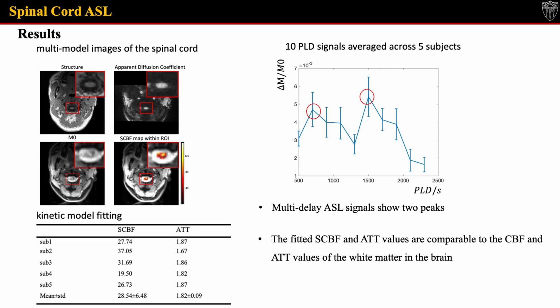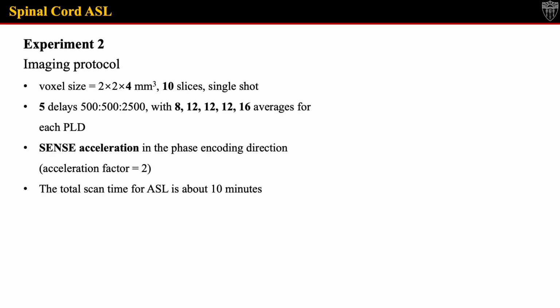However, we think this 2-peak signal may be caused by too few averages and low SNR, so we conducted the second experiment to validate the results. In experiment 2, we used a slightly different protocol with larger slice thickness and fewer slices. We also reduced the number of PLDs to have more averages for each, and we also used the SENSE acceleration factor in the phase encoding direction.